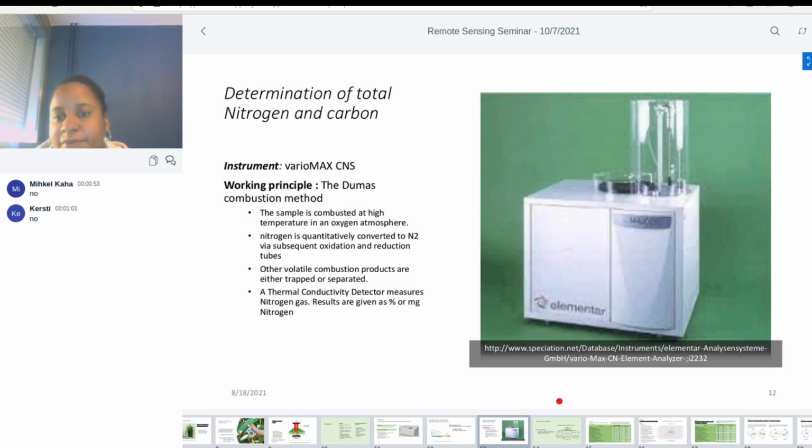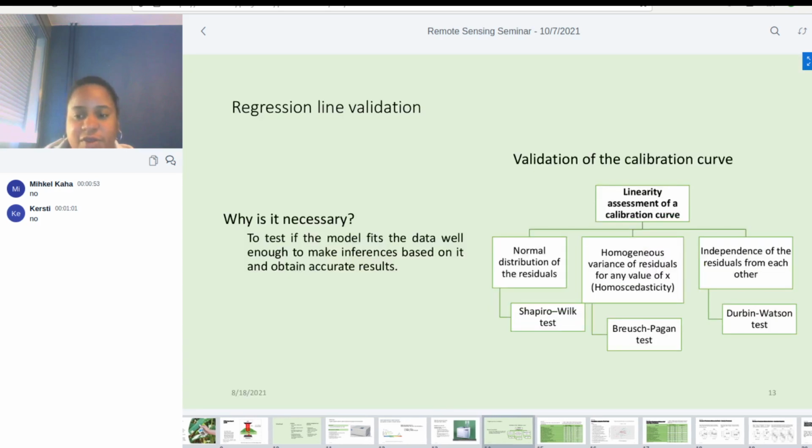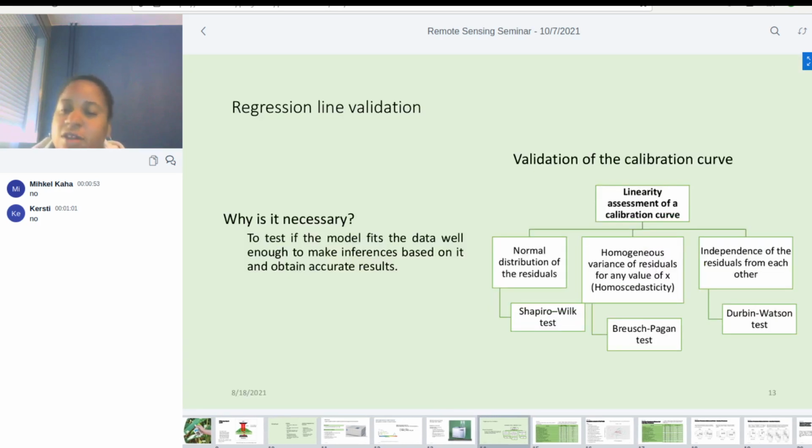Then the determination of total nitrogen and carbon was done with the instrument Vario MACRO, which works on mass combustion. These instruments give us the results of nitrogen and carbon as a percentage.